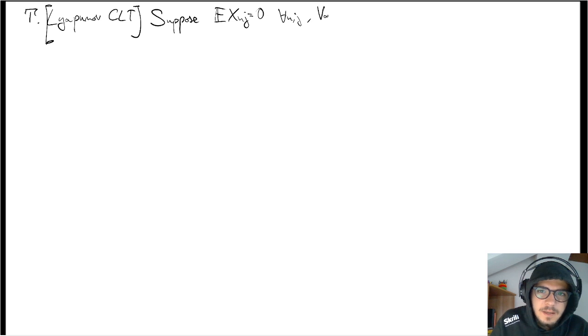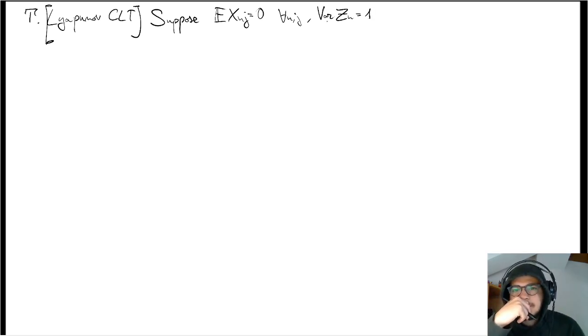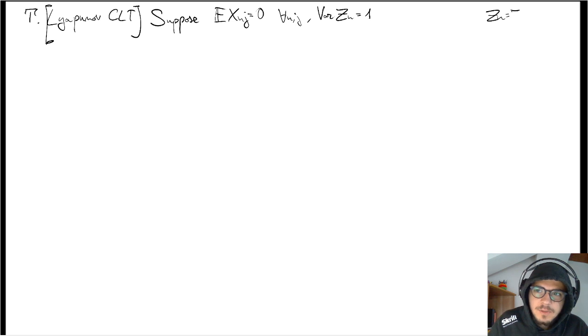And the variance of Z_n is 1, where Z_n, remember, was the sum over j of X_nj. This for any n, so for any row.